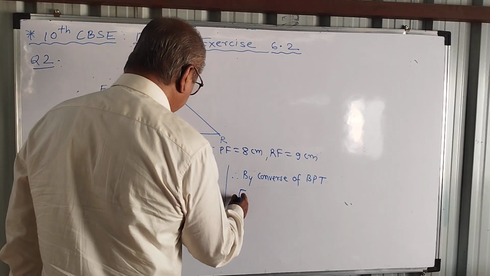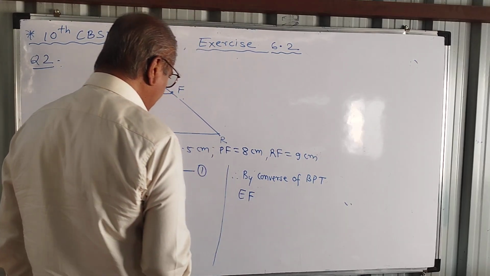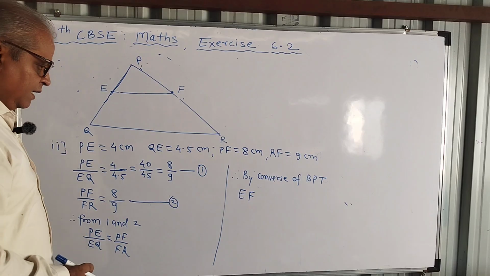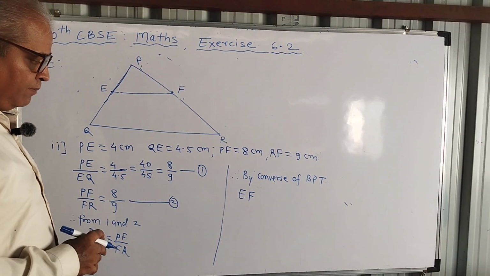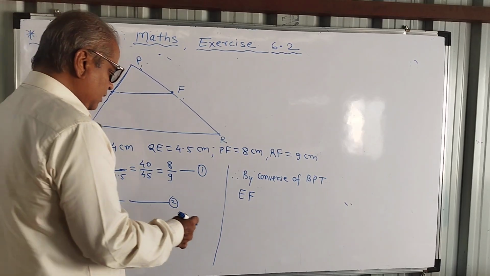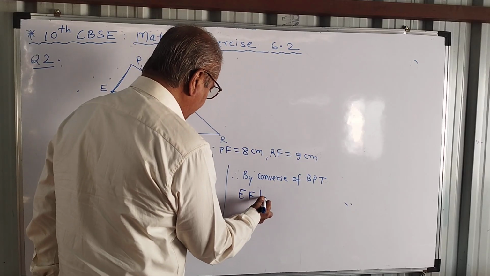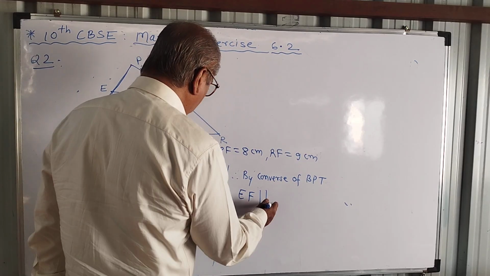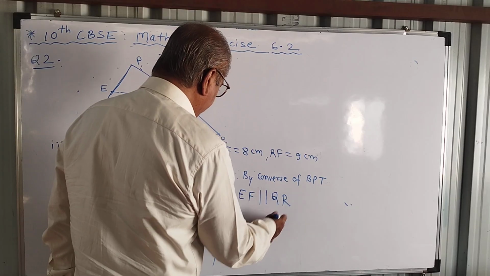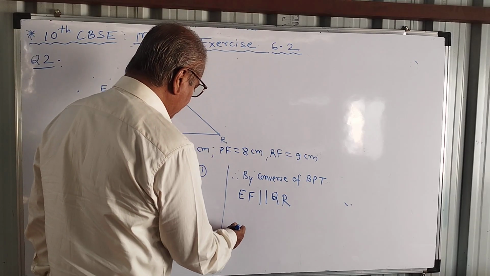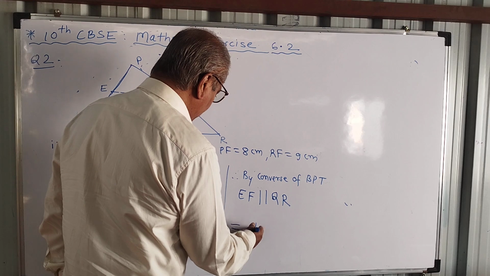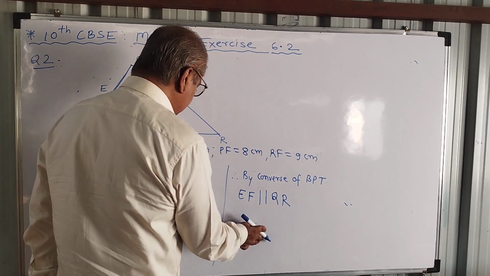EF parallel to QR. You can write it symbolically, but for is not parallel, we do not have a symbol. So EF parallel QR, you can write symbolically, but like the is equal to sign and the not equal to sign, for not parallel there is no sign.